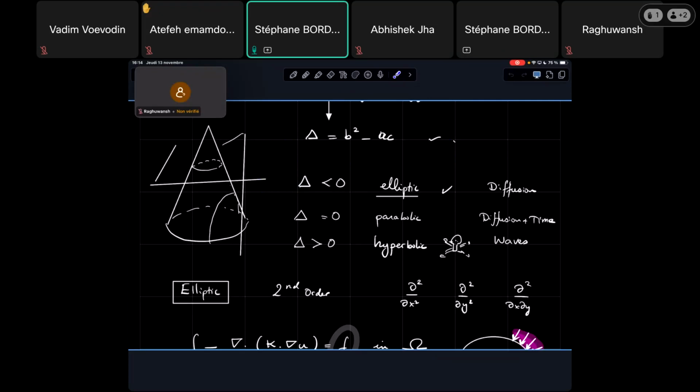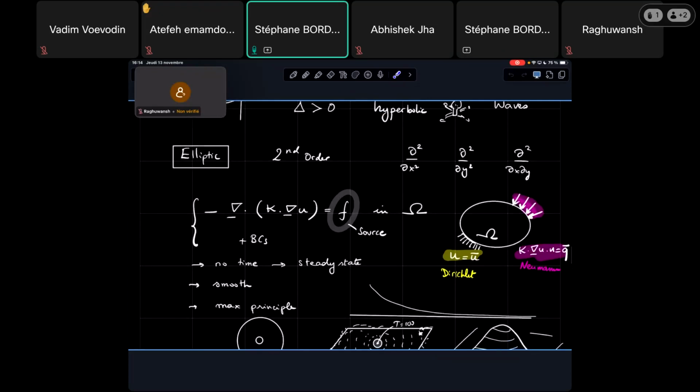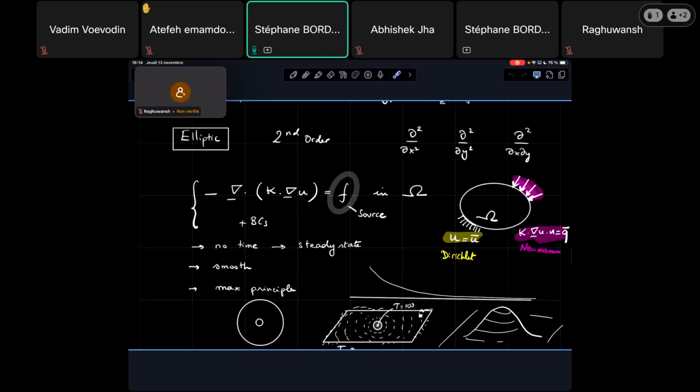So you will see when we talk in a few minutes about characteristics, you will see that the information travels along the characteristics. And if you want to know what initial value you need in order to compute the current solution, you travel back on the characteristics, come back to time zero, and see where you are along the spatial axis. But we will come back to that, don't worry.